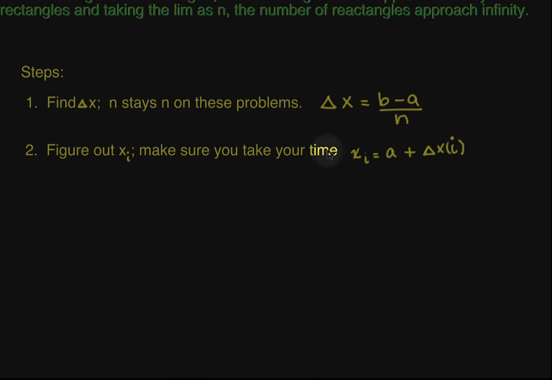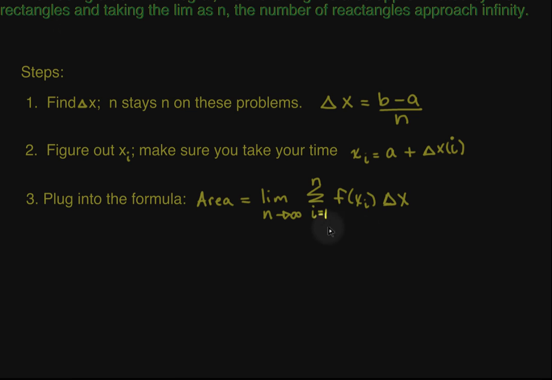Step 2 is to figure out what xi is, and xi is going to be the starting point, a, depending on what rectangle endpoint you're using, left, right, or midpoint. A will differ. And then plus delta x times i, and we calculated delta x before, i stays i.